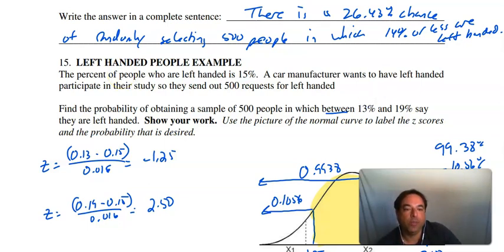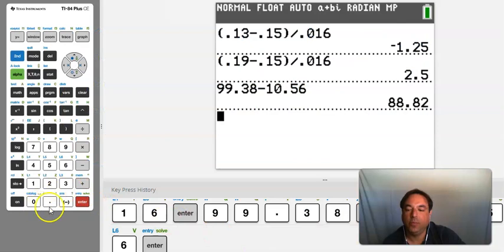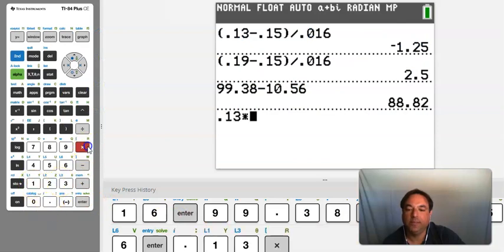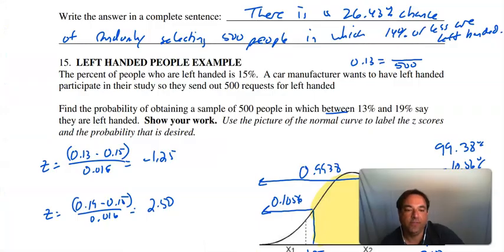For 0.13, the denominator is 500, so 0.13 times the sample size 500 gives the numerator of 65. The numerator would be your x, 65, and the denominator would be n.